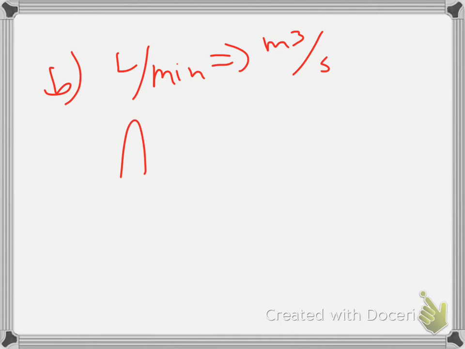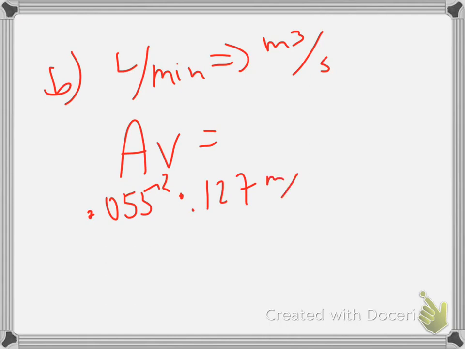The volume flow rate is just the A times the V, which we have all the numbers from the last one. Just pick the square one, 0.055 squared times 0.127 if you assume your answer is right, and you'll get a number that's meters cubed per second. Now what you want to do, again, it doesn't matter what that number is, you want to go from meters cubed per second to liters per minute.